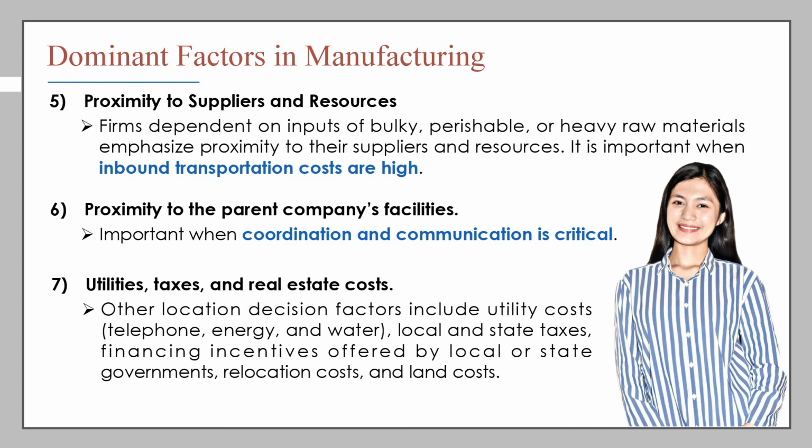So the next dominant factor in manufacturing businesses is proximity to the parent company's facilities. In many companies, plants supply parts to other facilities or rely on the other facilities for management and staff support. These ties require frequent communication and coordination, which can be more difficult as distance increases.